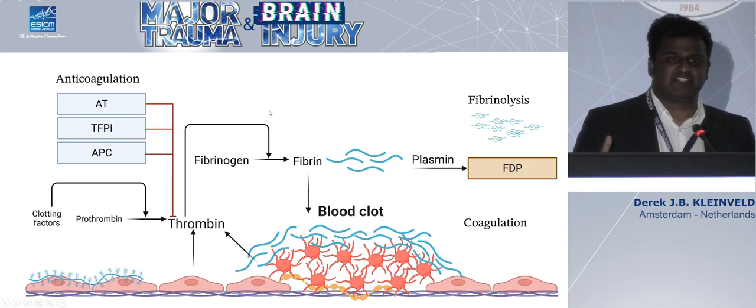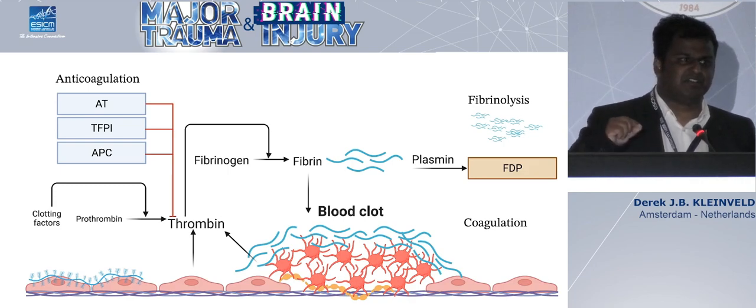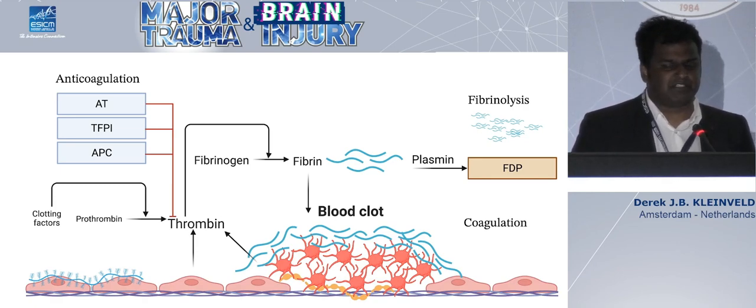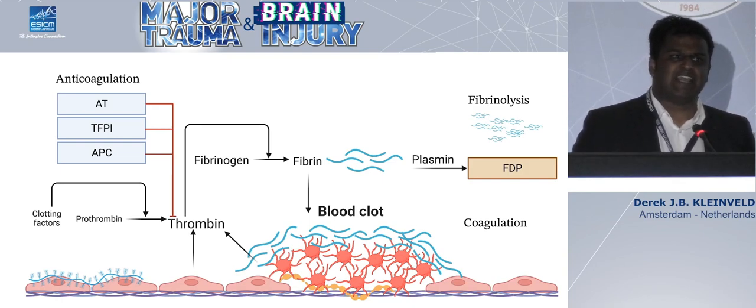Therefore, simultaneously, the coagulation cascade, as all of you know, is taking place on the surface of those activated cells, so on the activated endothelial cells and activated platelets. Of course, in normal physiology, you cannot have excessive coagulation without a negative feedback loop.